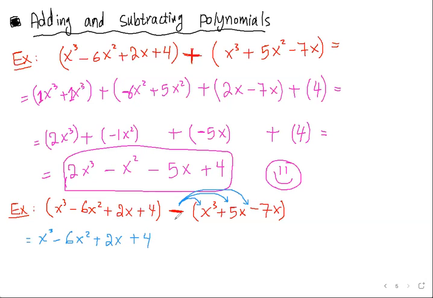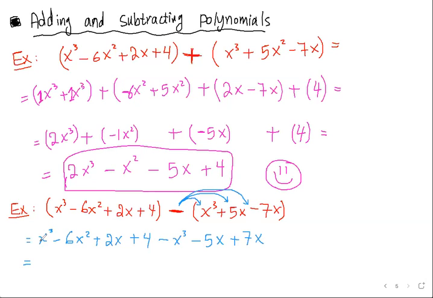Now, distributing the minus, what does that equal? Minus x to the third, minus 5x squared, plus 7x, exactly.